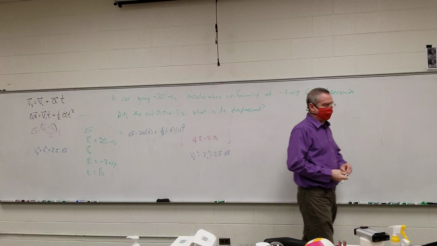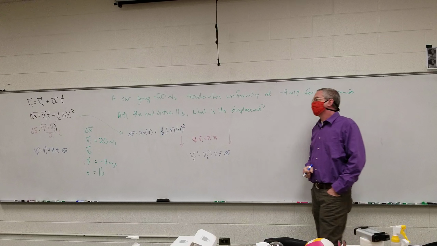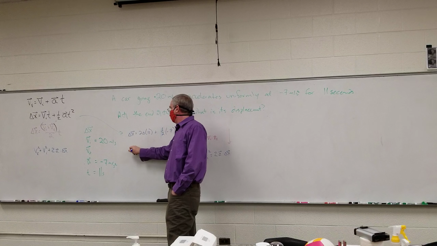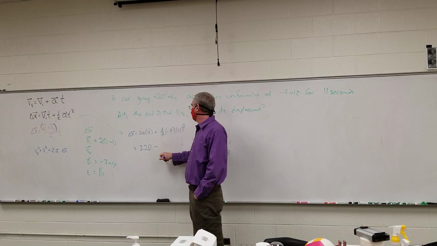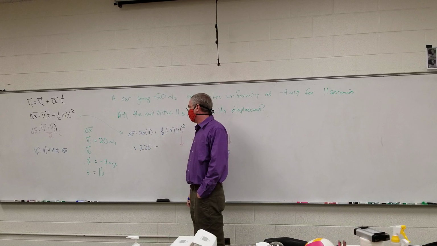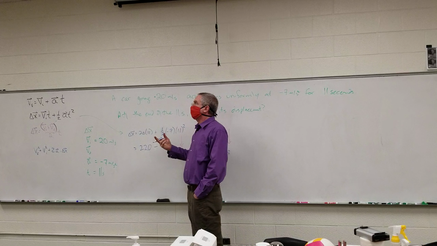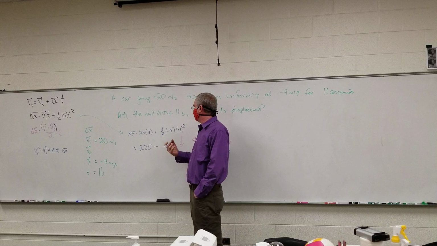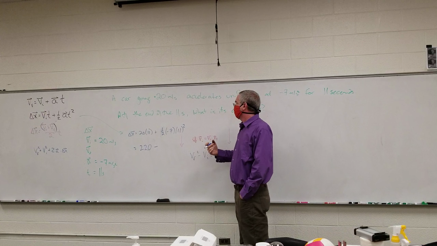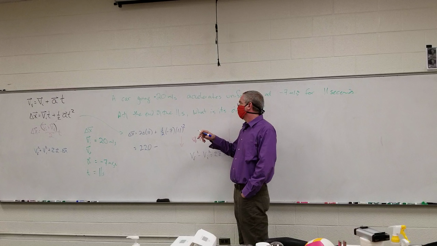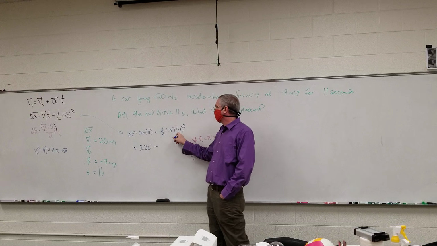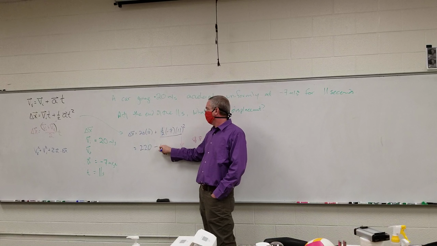Do not square the 7. So 220 minus whatever that is, just shy of 400. 420. Yeah, negative 423.5.